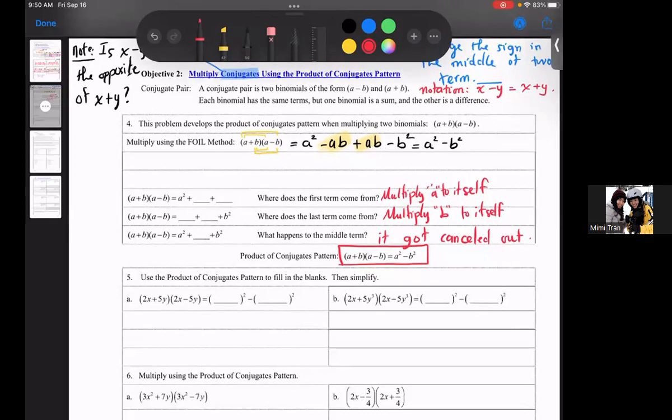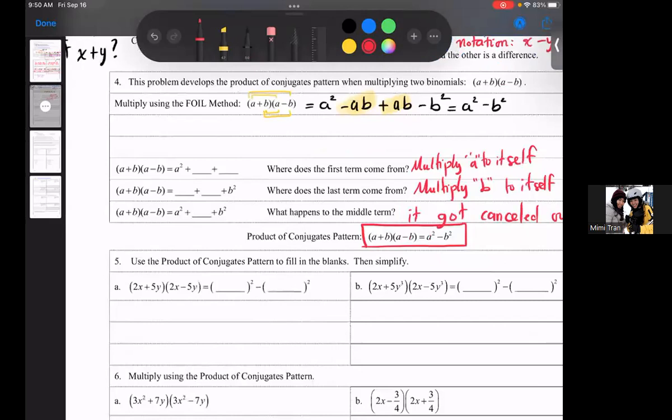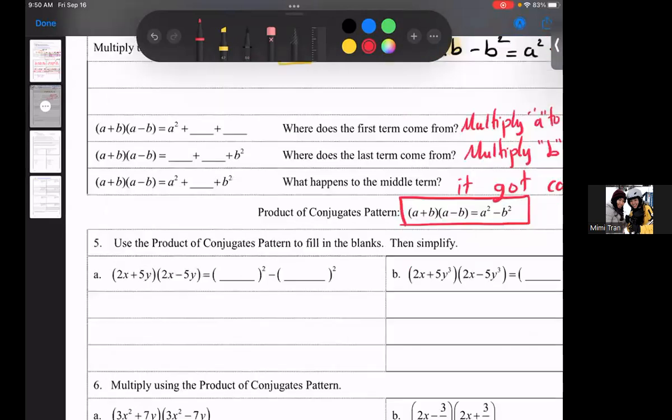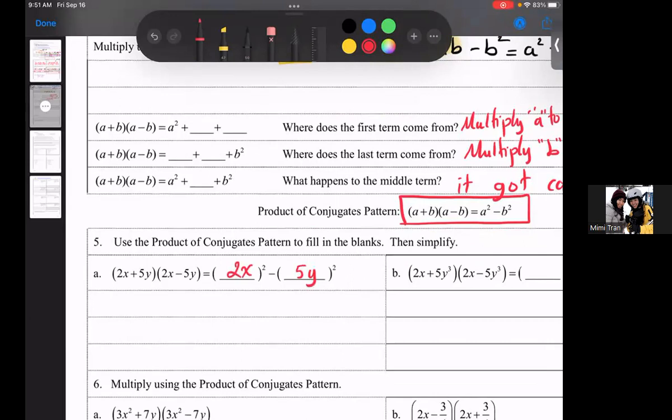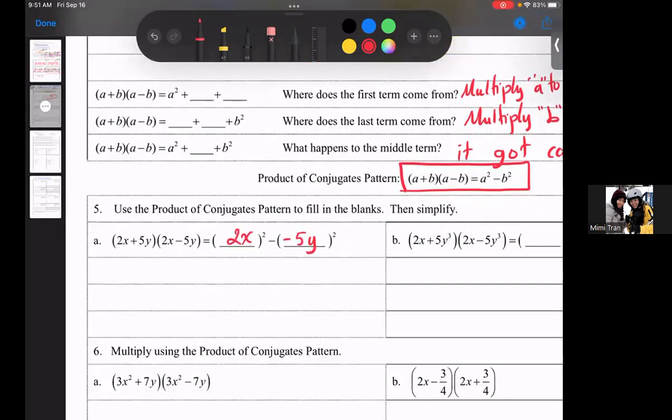All right, so let's do it using the conjugate pattern. For this one, I have 2x plus 5y times 2x minus 5y. So all you do is just square the first, square the last, you're done. You can put the minus there if you want. It doesn't matter. It's going to turn into positive, right? So 4x squared, minus or plus?